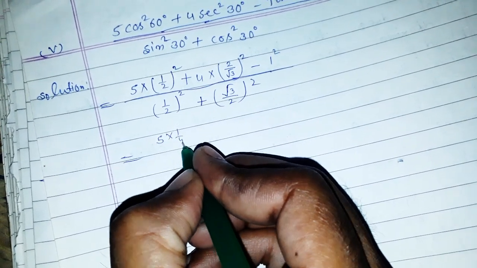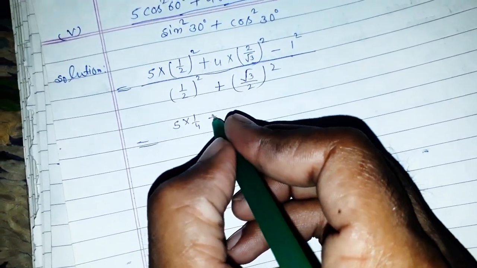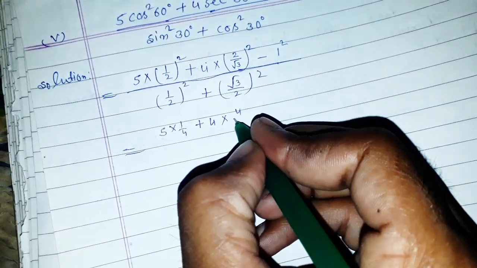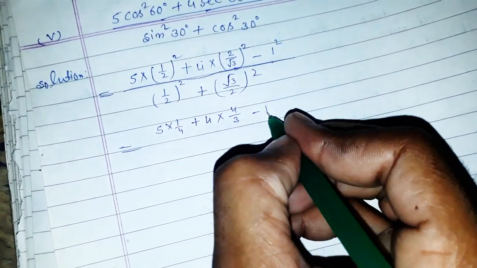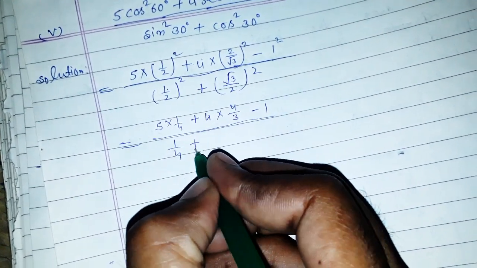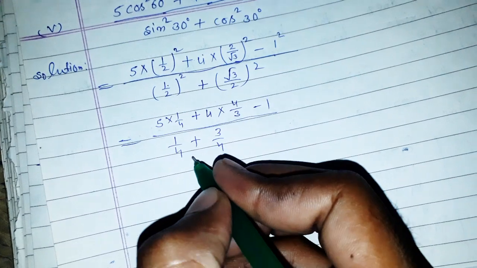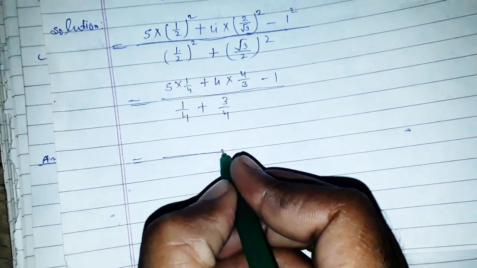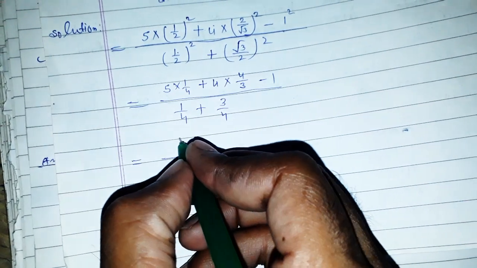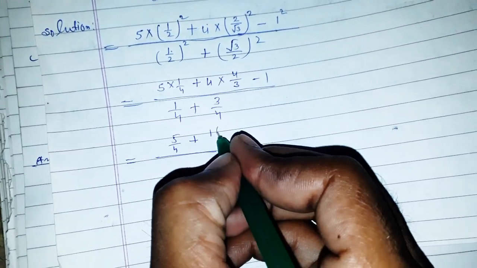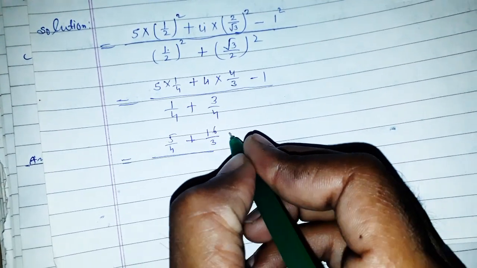So 5 into 1 upon 4 plus 4 into 4 upon 3 minus 1 upon 4 plus 3 upon 4. This is 5 upon 4 plus 16 upon 3 minus 1.